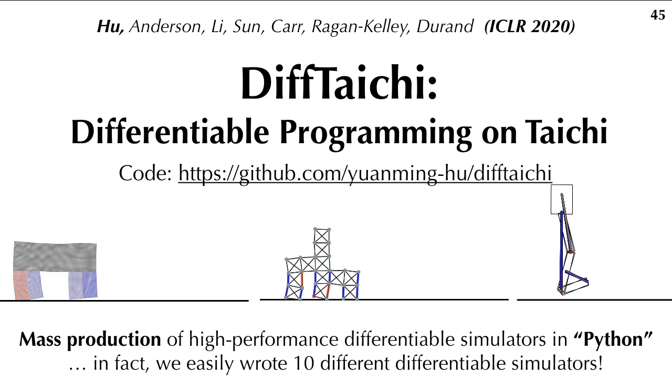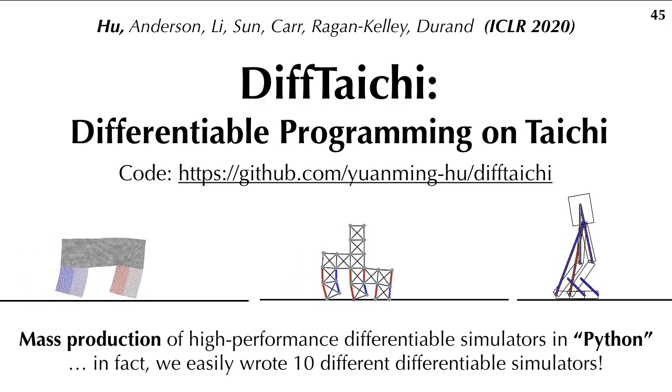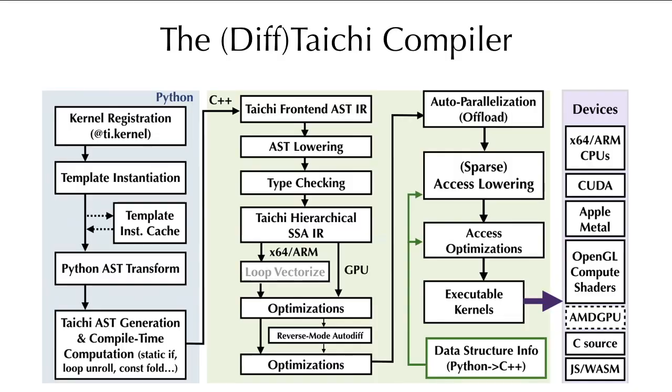This kind of mass production proves that the language has very high productivity. Recall that previously in ChainQueen, we were using CUDA, and that was not very productive. In fact, we easily wrote 10 different differentiable simulators using DiffTaichi. So here are just 3 examples. I'll show more demos later.